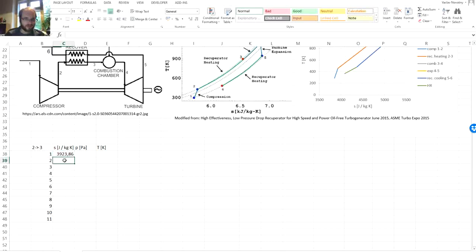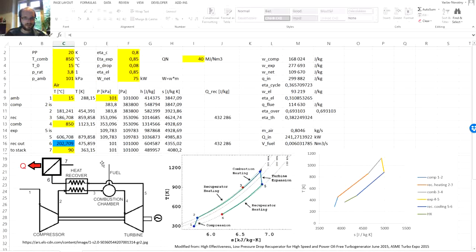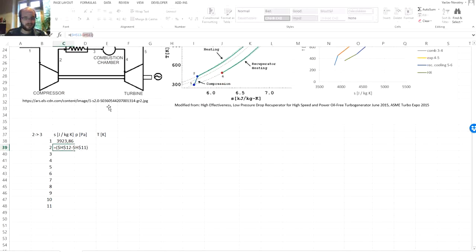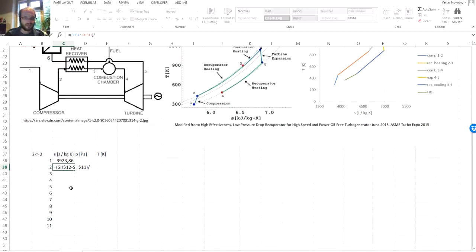Now each next point will be the difference between points 2 and 3 in entropies. So entropy at the point 3 minus entropy at point 2, while this difference we will always keep the same, divided by n minus 1 elements.